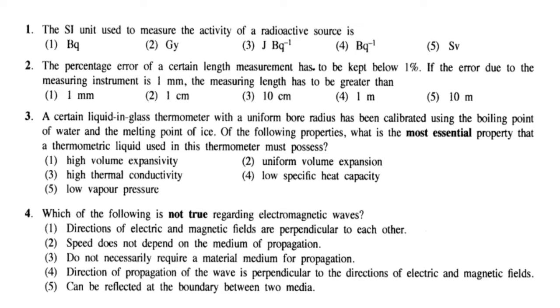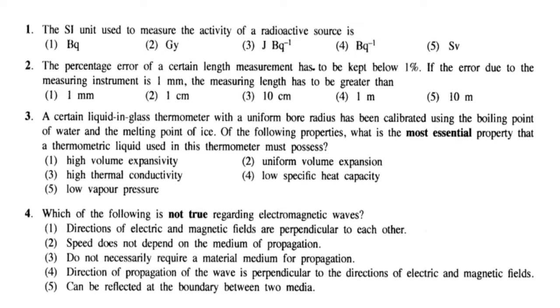Delta x is the uncertainty in the measuring instrument, so that is 1 millimeter. So you can substitute that value: 1 millimeter divided by x multiplied by 100, and that must be less than 1%. By simplifying that, you get x is greater than 10 centimeters. So answer is 3.